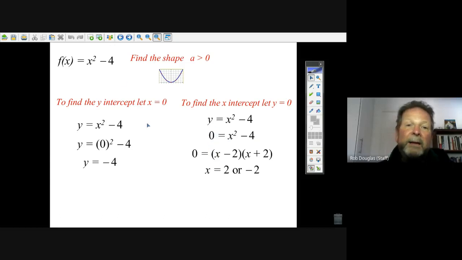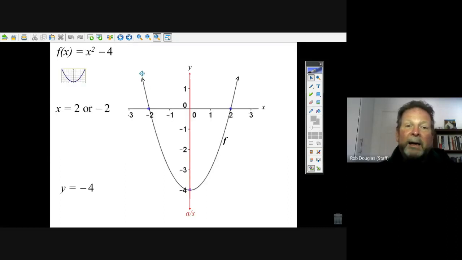And they are x-intercepts. Well, what does this look like? Let's take a look here. I got my computer to graph this perfectly, but all you would do is make sure you put a 2 there and a minus 2 for the x-intercepts, a minus 4 for the y-intercept, and then you connect it in the best kind of curve you can. And then you label it with f because it's your function f.